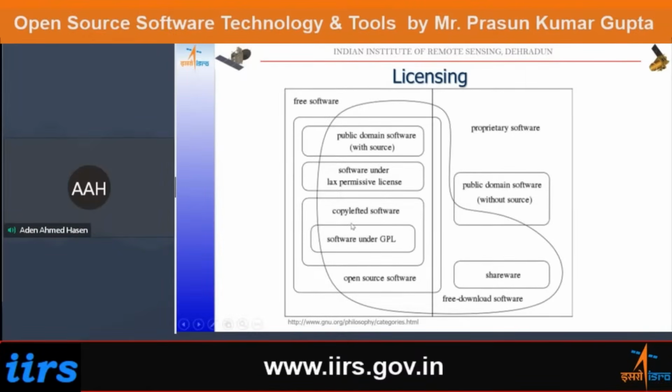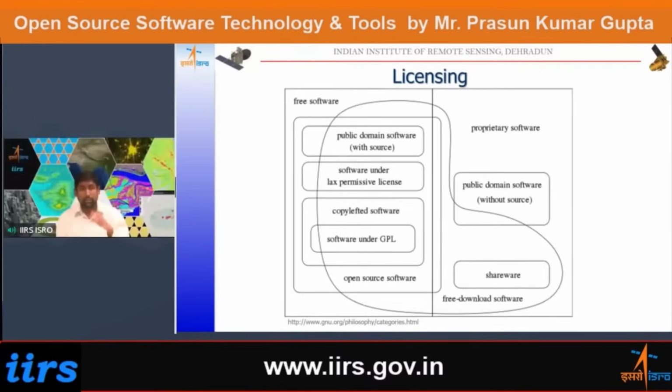So before that, look at this. Softwares under GPL. GPL stands for General Public License. What is GPL? GPL is the original licensing which the GNU Foundation proposed, and they said that if you've got a software for free, you must pass it on for free.